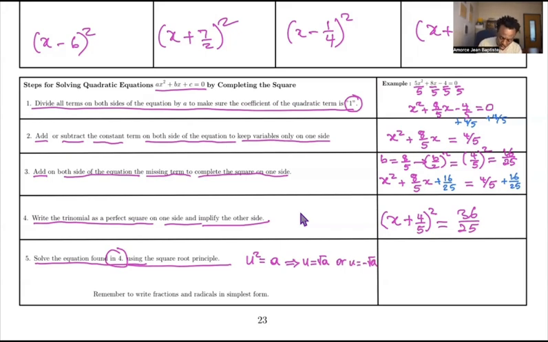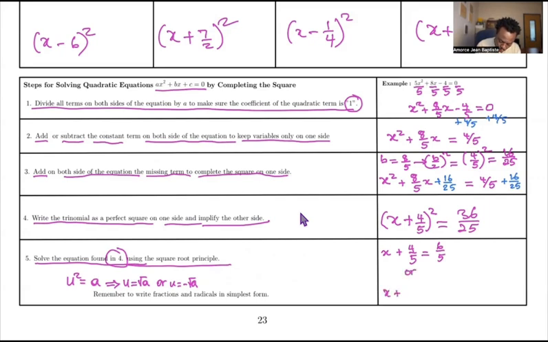In this case, on the other side, it's going to be x plus 4 over 5 equals square root of 36 over square root of 25. That's 6 over 5. Or x plus 4 over 5 equals negative 6 over 5.